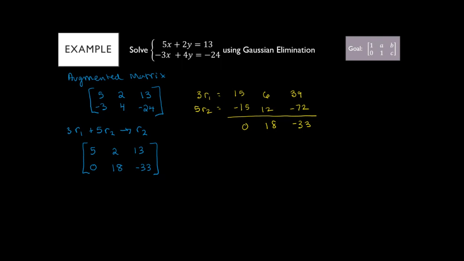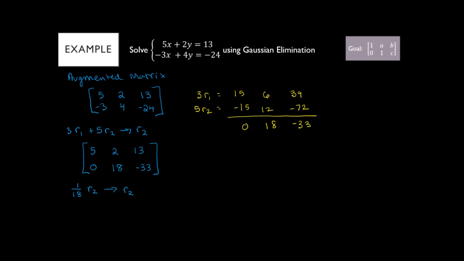So second step is, now I've got that 0 in the bottom left corner. I need that second entry in the second row to be 1. So I need to get that 18 to be 1. And we do that by dividing by 18. But we write this as multiplying by a fraction. So it'd be 1 over 18 times row 2, now getting stored in row 2. So that's going to replace row 2.